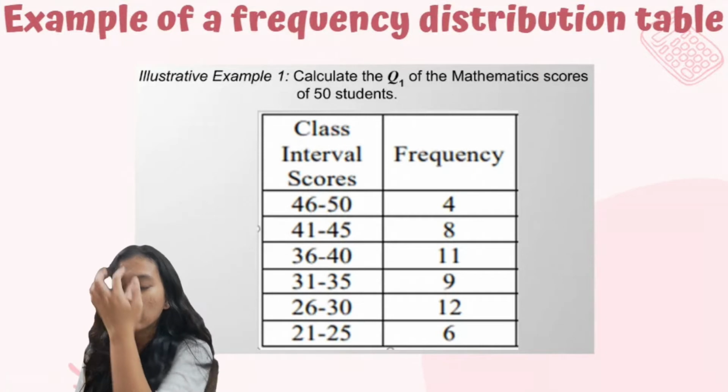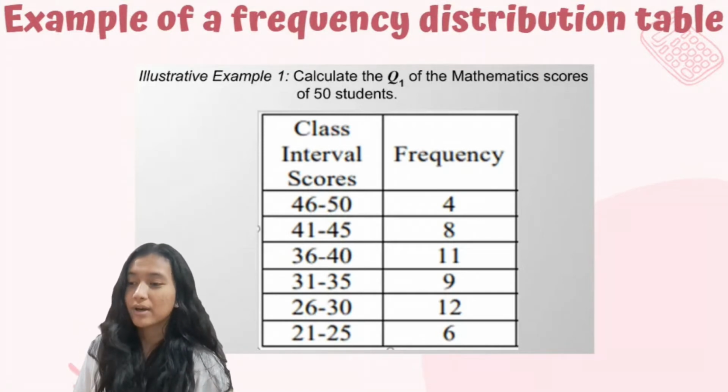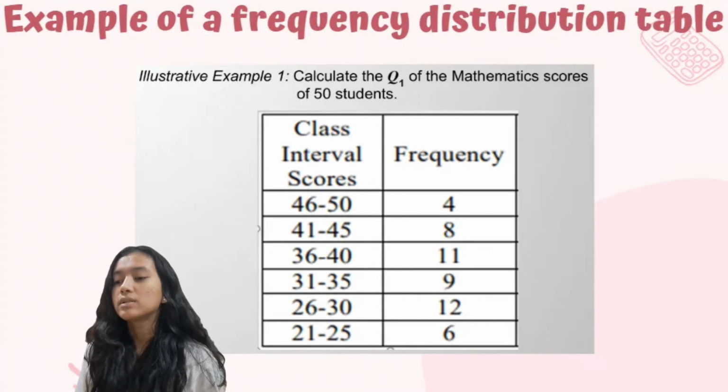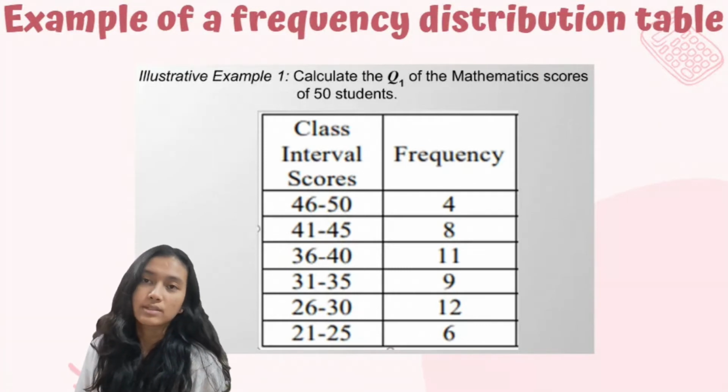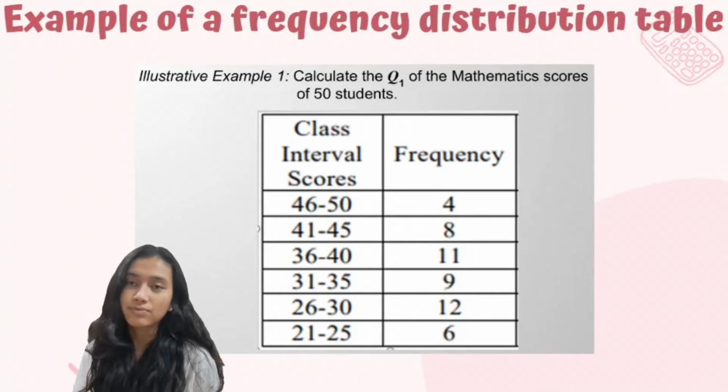The frequency of 46 to 50 is 4, 41 to 45 is 8, 36 to 40 is 11, 31 to 35 is 9, 26 to 30 is 12, 21 to 25 is 6. So the total frequency is 50.